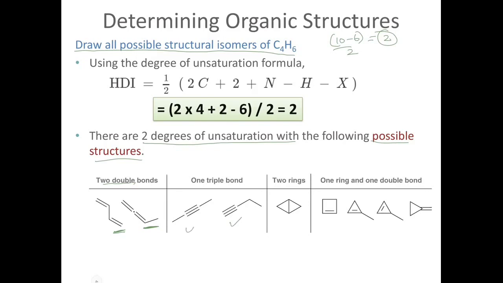Or it could have 2 rings. Each ring counts as 1 degree of unsaturation. So here we have 2 rings, so that accounts for 2 degrees of unsaturation. Or we could possibly have the compound being 1 ring and 1 double bond.